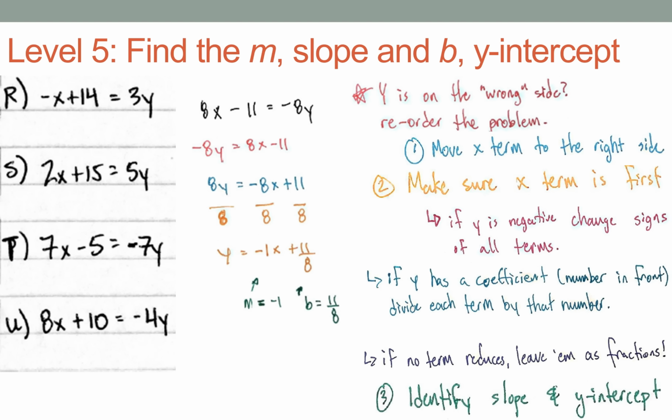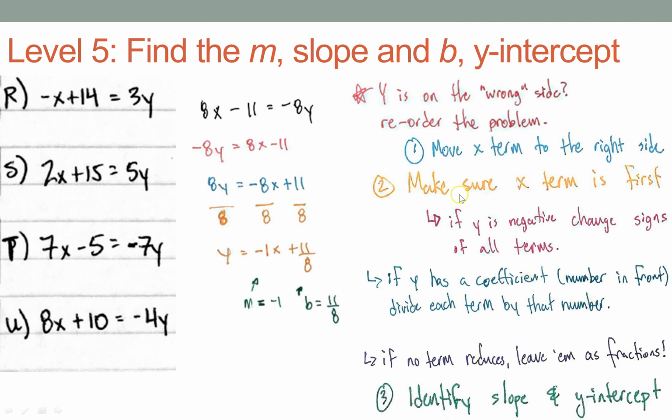Okay. You've got some writing to do. So here's what I would suggest. In your notes, maybe on the back side or the blank side, you actually write down this entire list step by step. That way you understand. The goal always is to get y equals mx plus b. And if the y is on the wrong side, reorder the problem.